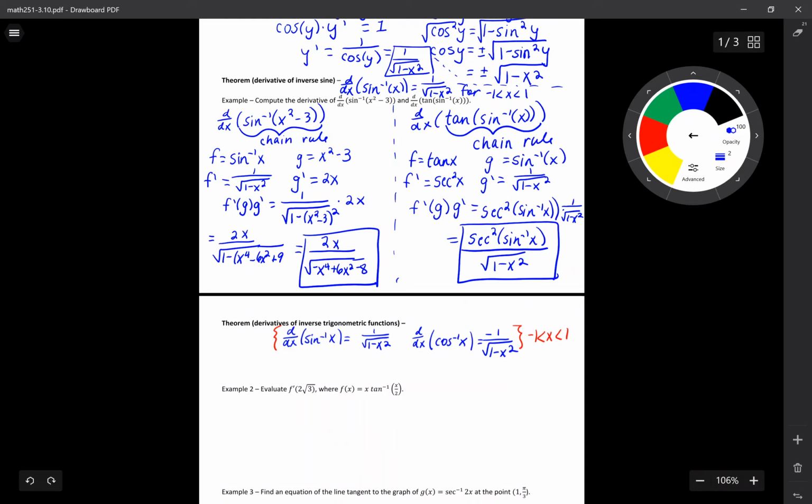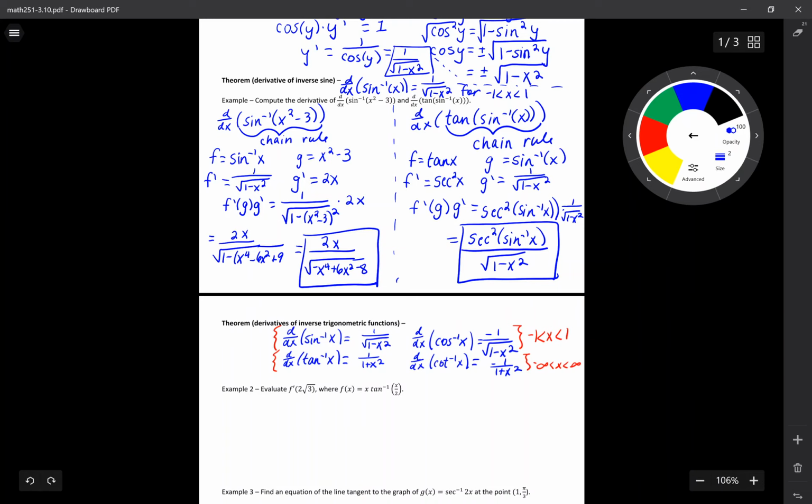Okay, the derivative of tangent inverse of x is equal to 1 over 1 plus x squared. And the derivative of cotangent inverse of x is equal to negative 1 over 1 plus x squared. These two are both true for all x, so x between negative infinity and positive infinity.